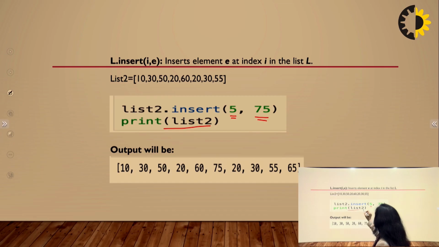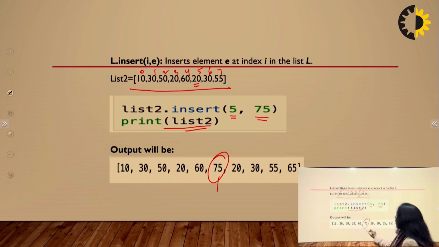If we have a list like this, the indexes are 0, 1, 2, 3, 4, 5, 6 and 7, so at index 5 the value 75 will be inserted.